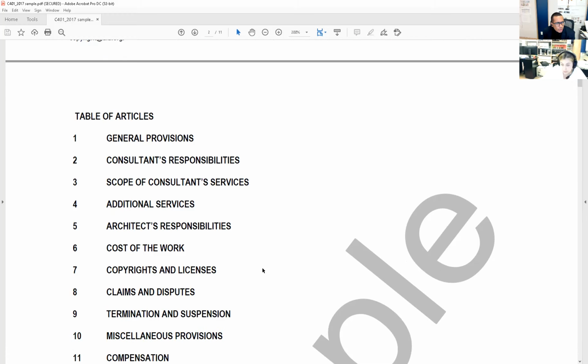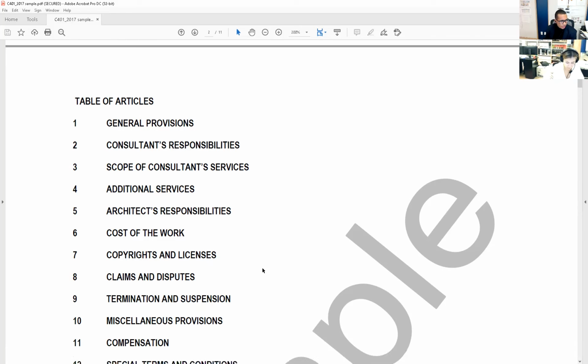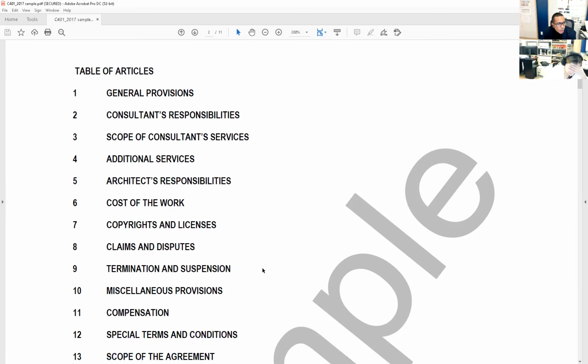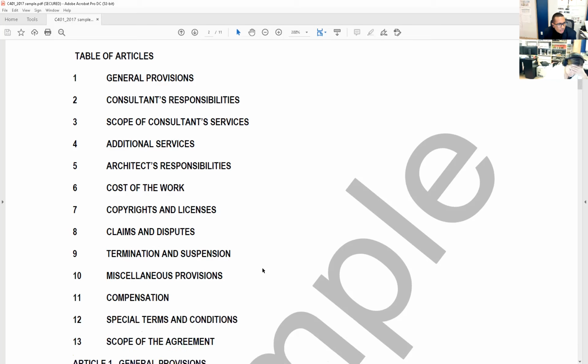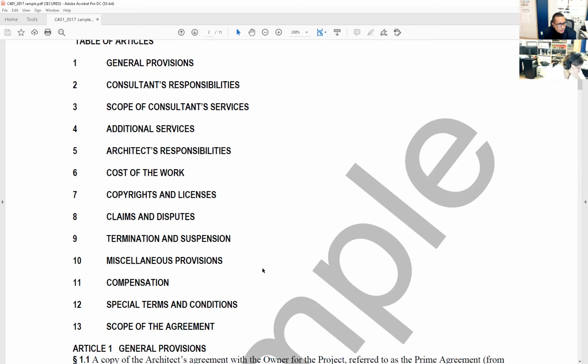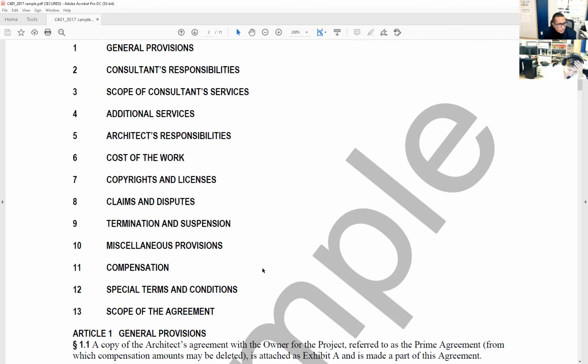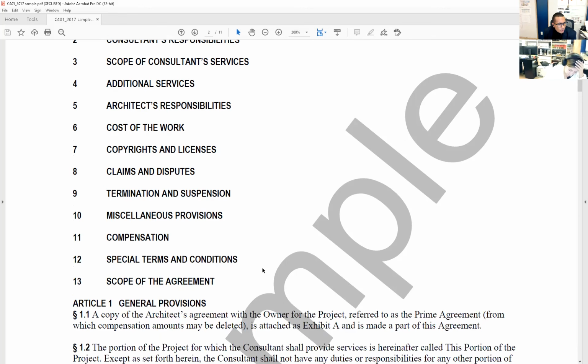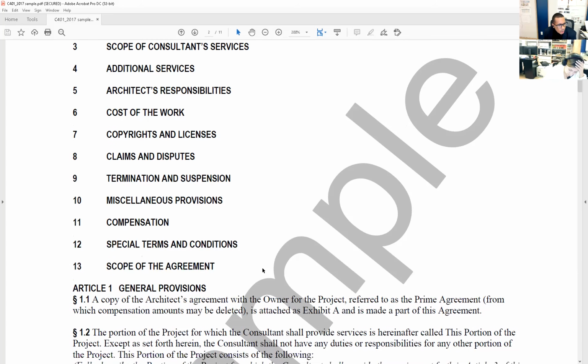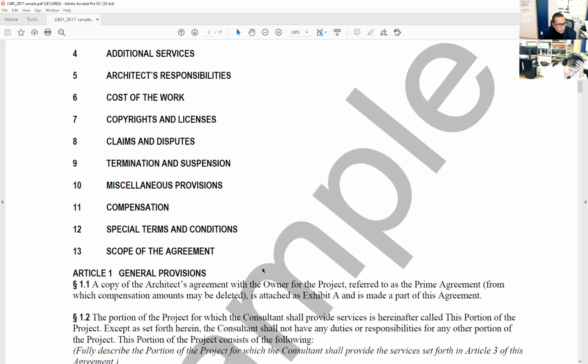One is general provisions, two is consultant's responsibilities, three, scope of consultant services, four, additional services, five, architect responsibilities, six, cost of the work, seven, copyrights and licenses, eight, claims and disputes, nine, termination and suspension, 10, miscellaneous provisions, 11, compensation, 12, special terms and conditions, and 13, scope of the agreement.